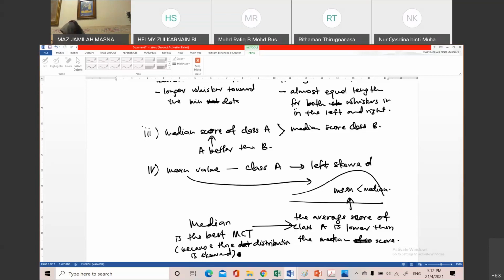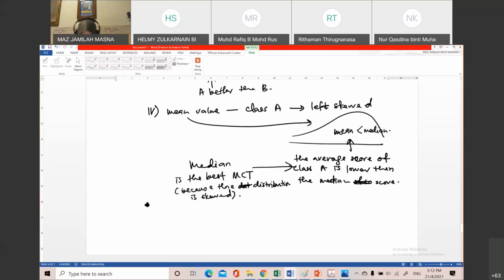Do you have information about the mode? Question number 5. Let's say mode for class A, mode for class B. Now, we know that class A is skewed.